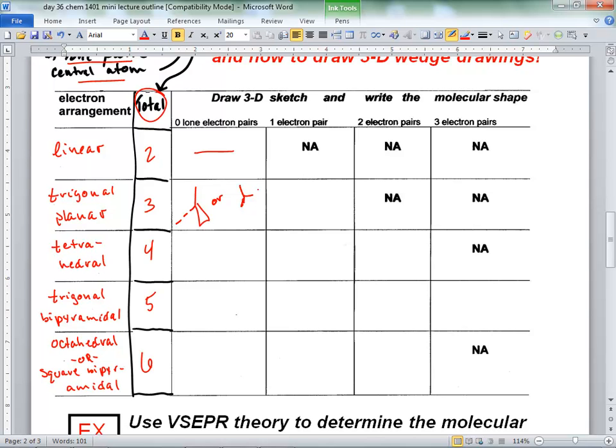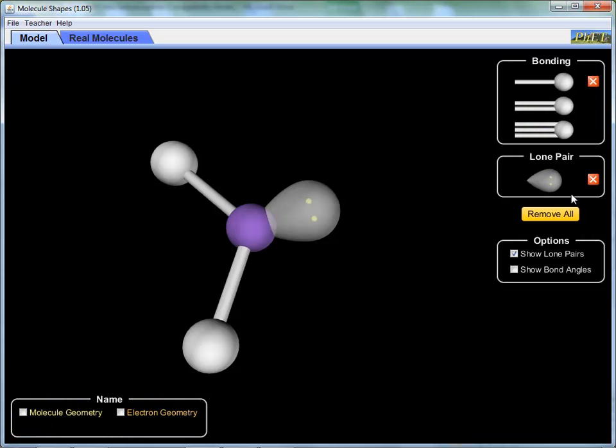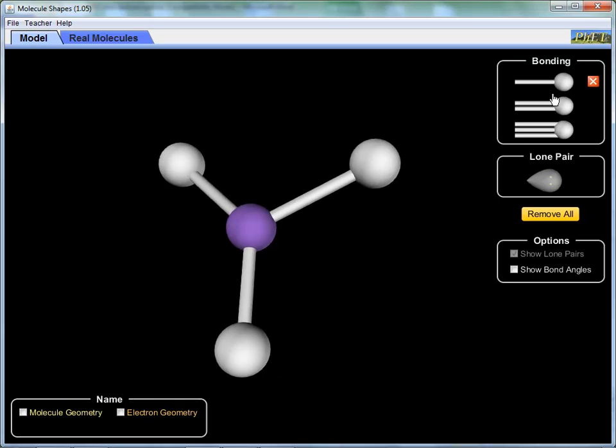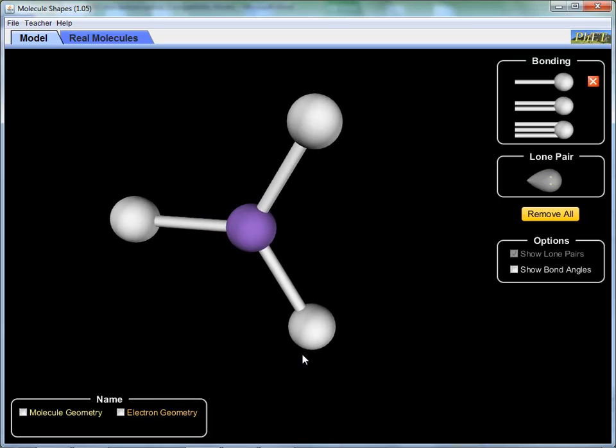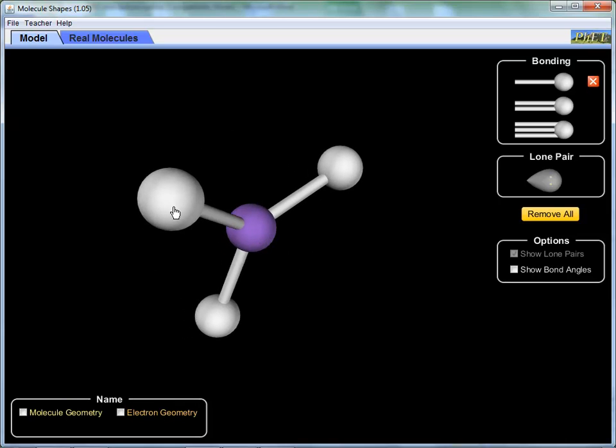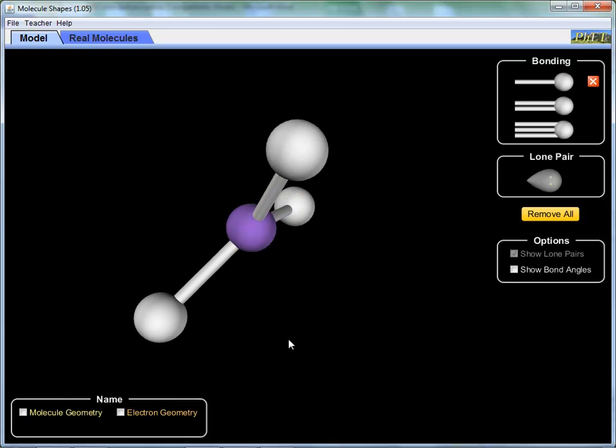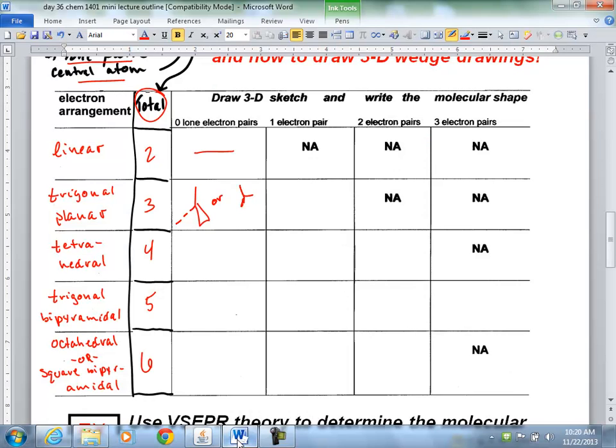The book kind of likes the wedge one, but what we're trying to draw is this, our flat triangle. So if you have a Lewis dot structure with 3 surrounding atoms, no lone pairs, we need to draw one of these two. And the name is what we already named it, trigonal planar.